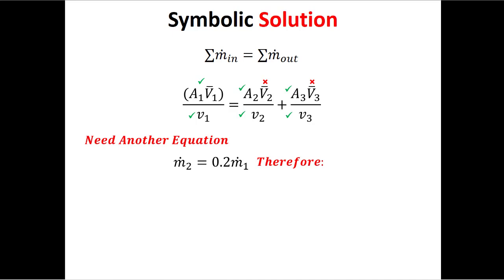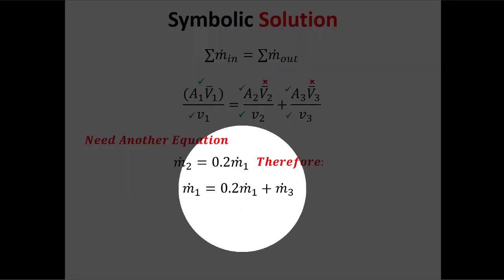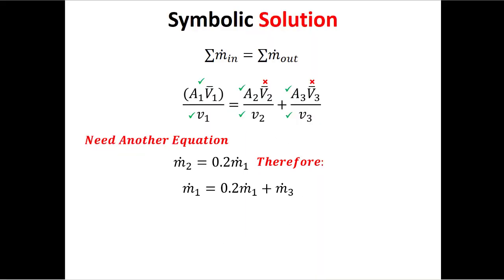And here, it's important that the problem has told me that the mass flow rate at state 2 is 20% of the mass flow rate at state 1. So I can make this substitution into the equation above and see that m dot 1 is equal to m dot 2 plus m dot 3, right? But since m dot 2 here is 20% of m dot 1, then I know that m dot 1 is equal to 0.2 m dot 1 plus m dot 3.